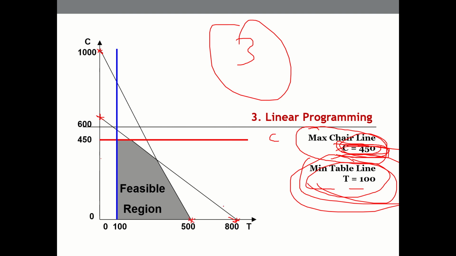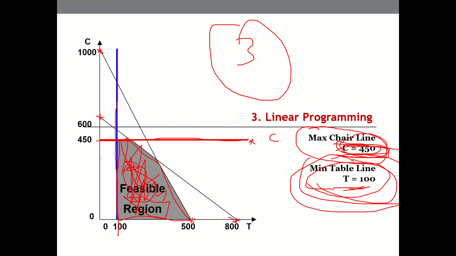Second line. Third constraint line, we said not more than 450 chairs. So for 450 chairs, we have drawn a line. Similarly, we said minimum of 100 tables. So we have drawn a line in the 100 region, and whatever area falls within this intersection is called the feasible region, and the maximum profit can be achieved within this region only.